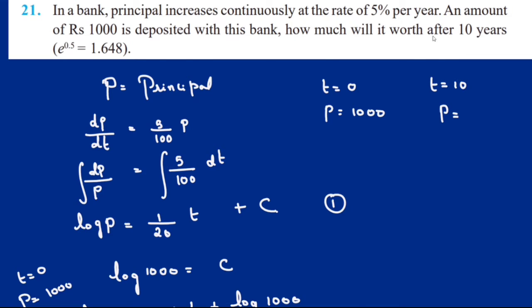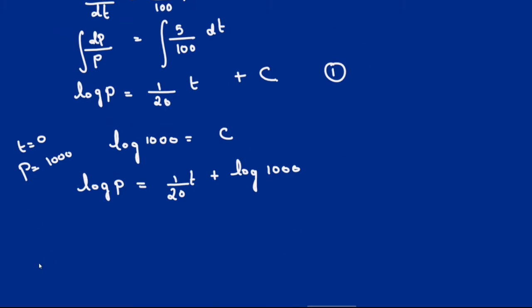Put T is 10. So when T is 10, what happens here? Log P is 10 by 20 plus log 1000.